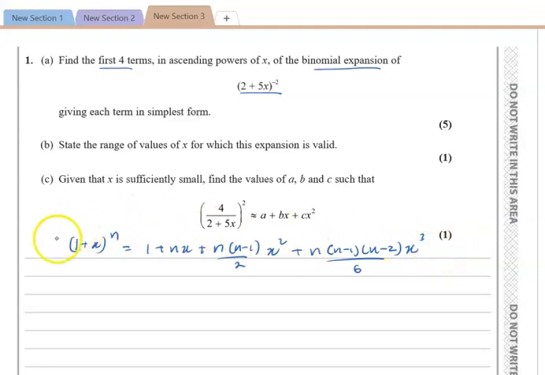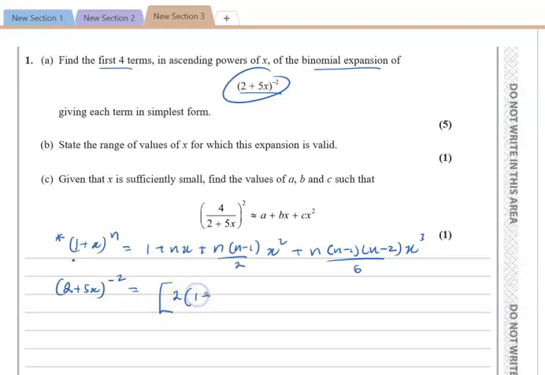Now, when you see the binomial formula, it is 1 plus x, but what we have in our equation is 2 plus 5x. So what we need to do first is factorize the 2 outside, such that the expression looks exactly like this. I will have a big bracket, then put 2 outside.